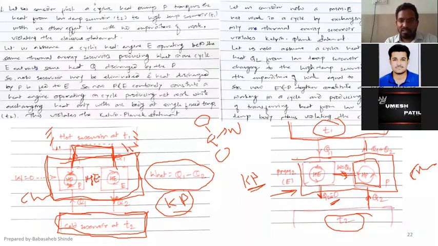Initially we provided the engine's output to the heat pump, that is fine. But when you combine them, those two are exchanging heat with the low temperature reservoir as well as the high temperature reservoir. They are transferring it from low temperature to high temperature, but they are not taking assistance of any external agency. They are not taking any external work, and that is a violation of the Clausius statement.